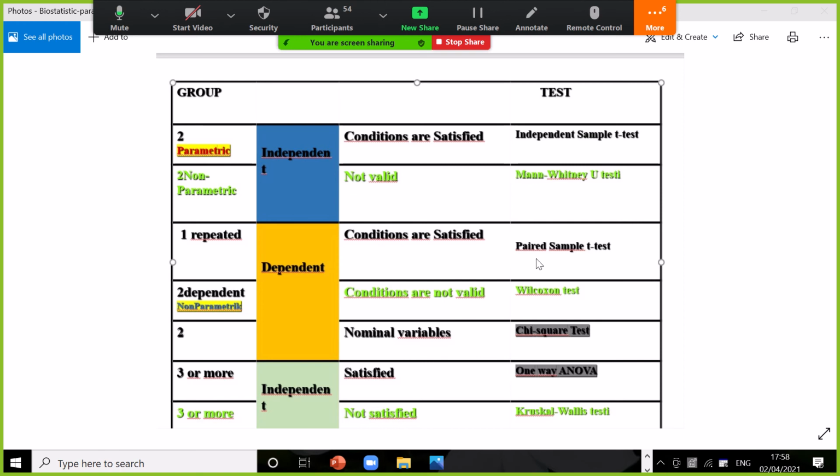This is a repeated test, a paired sample t-test, and we have another non-parametric test here, the Wilcoxon test. So why am I telling you these names, okay? Because I just want you to be familiar with these names. You will see them. And one day you will say, okay, the teacher told us that there are such tests. Okay, that's all that I want.